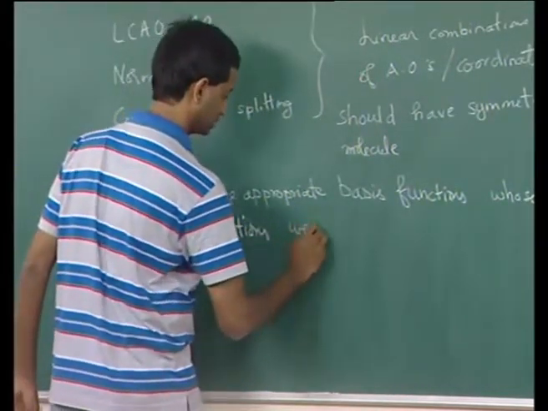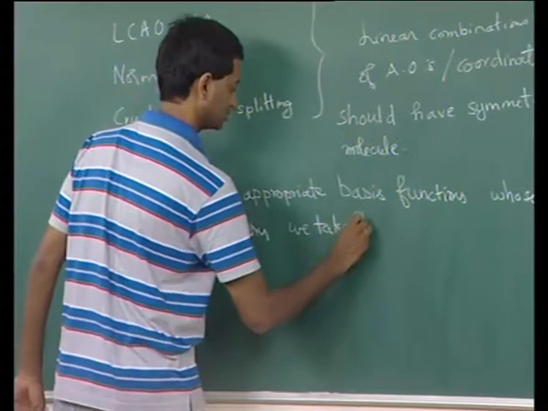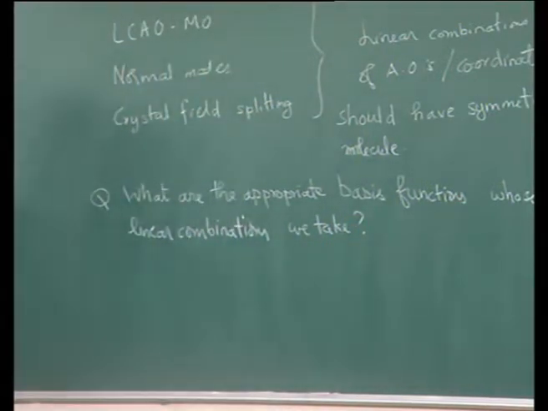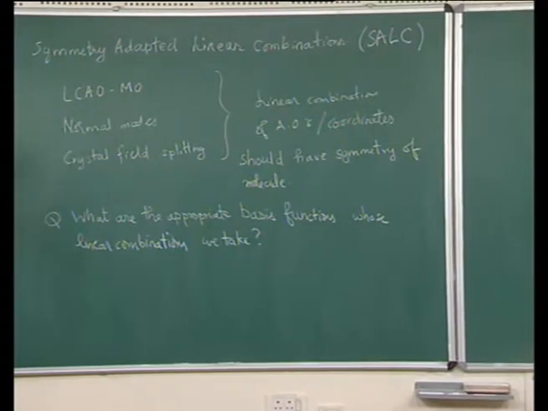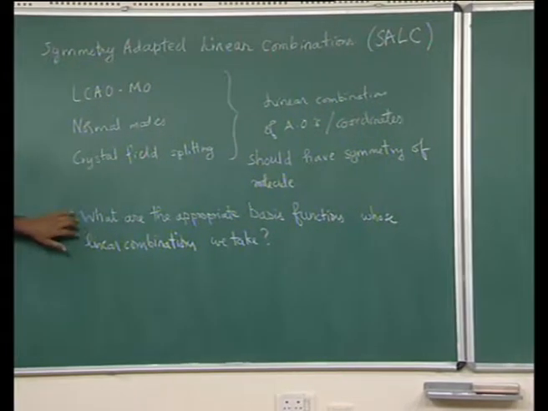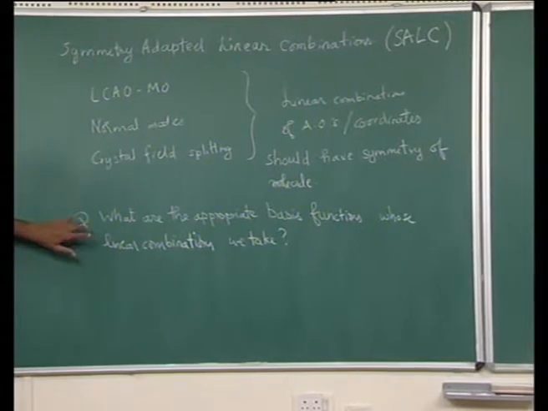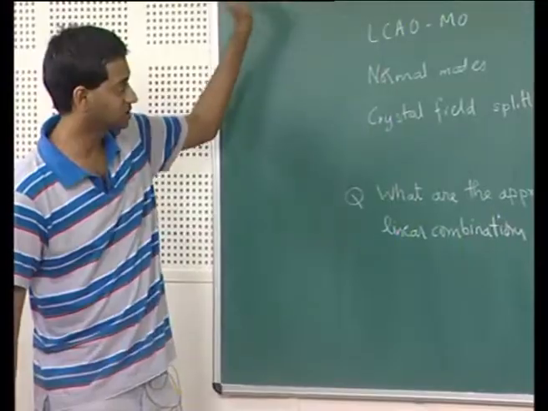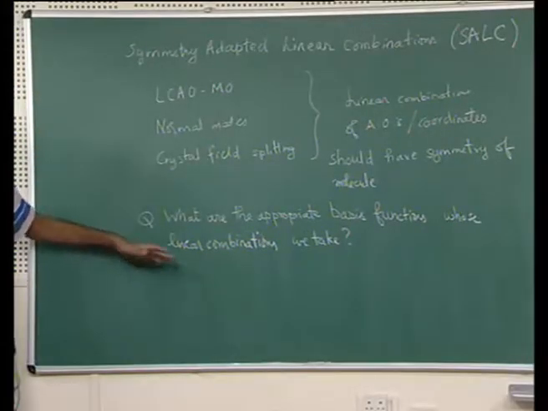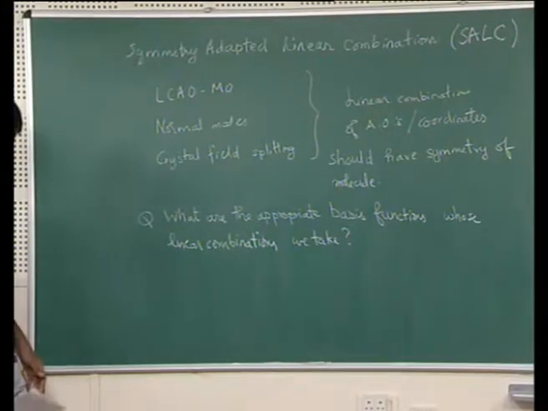What are the appropriate basis functions whose linear combinations we take for whichever problem of interest? The answer to this is you choose those basis functions that are symmetry adapted. This linear combination is called a symmetry adapted linear combination.